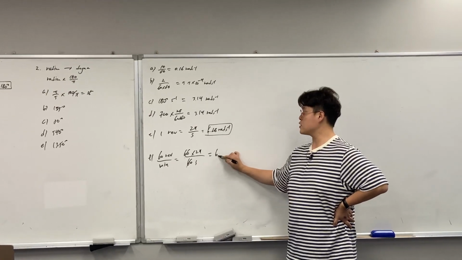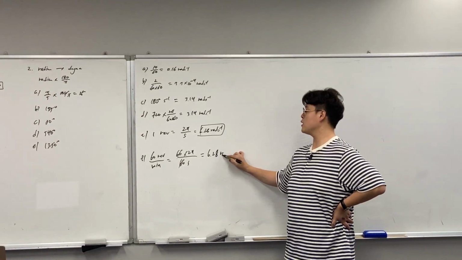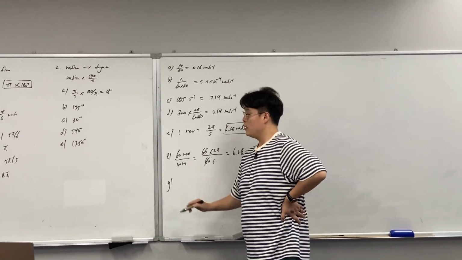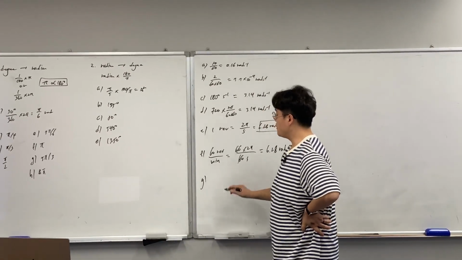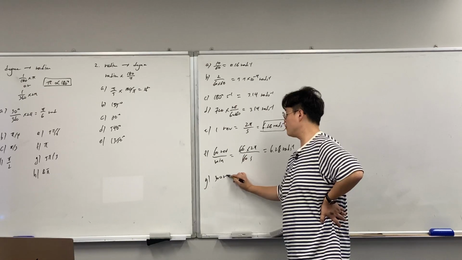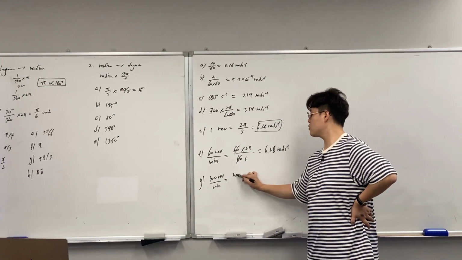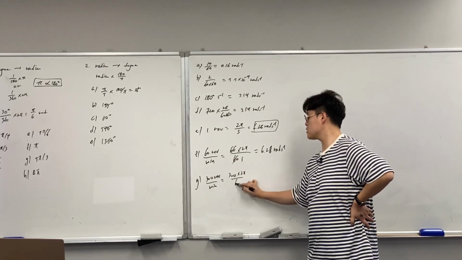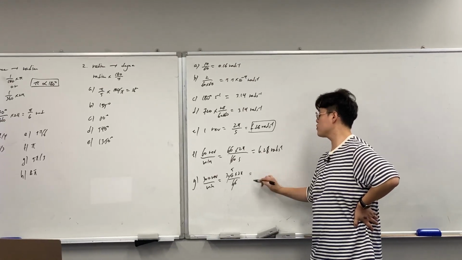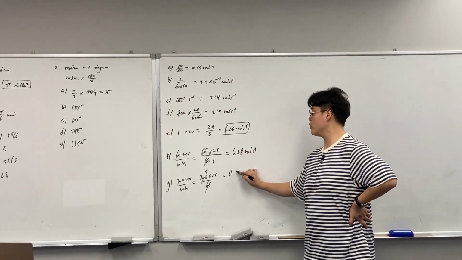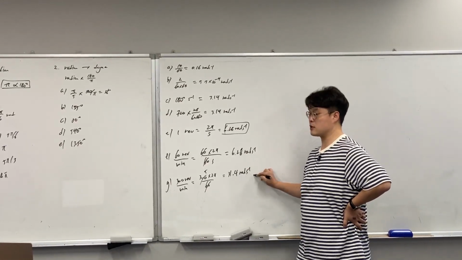That's basically 6.28 radians per second, as pi is 3.14. G is 300 RPM, 300 revolutions per minute. Same, 300 times 2 pi divided by 60 gives you 10 pi, which is 31.4 radians per second. That's the answer.